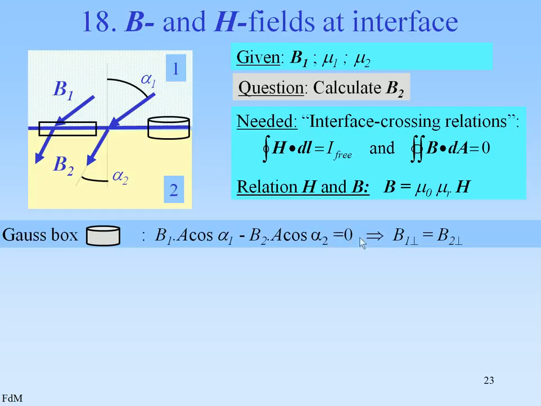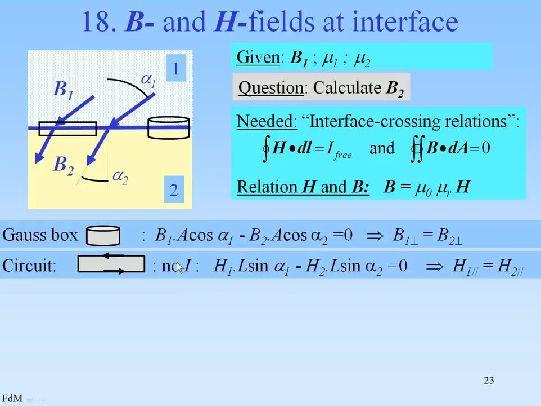That will be 0, so the perpendicular components of the magnetic induction B will remain the same. For the circuit, there is no current inside, and this means that the parallel components of the H will be the same.